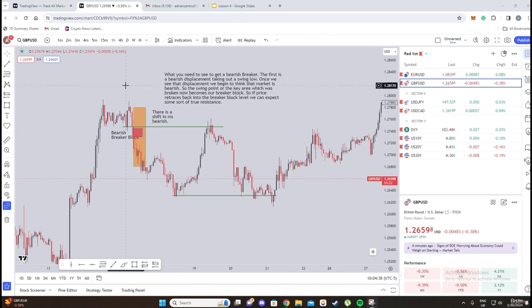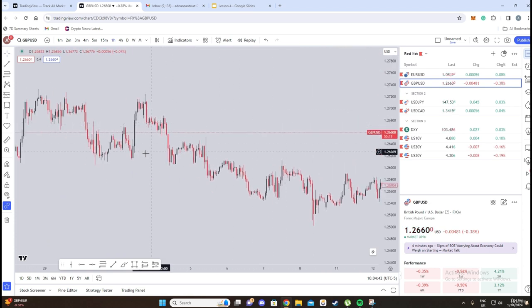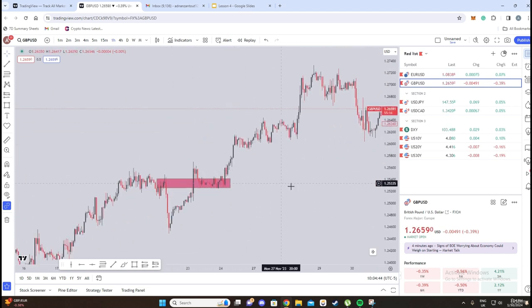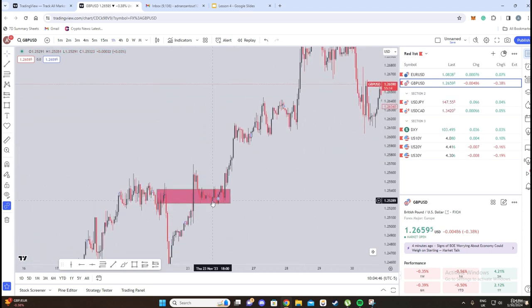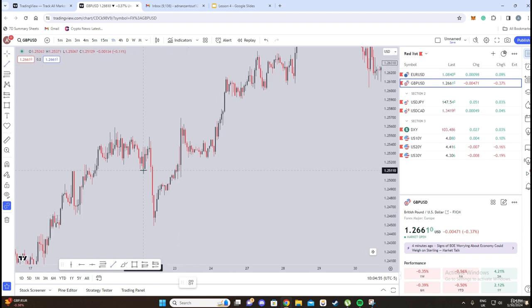Okay, and finally, let me show you what a bullish breaker block looks like. So let's just go to the left really quickly. And yep, this is an example. What do we see here? First, let's just get this out of the way, because this really needs to be in your brain very, very deeply.